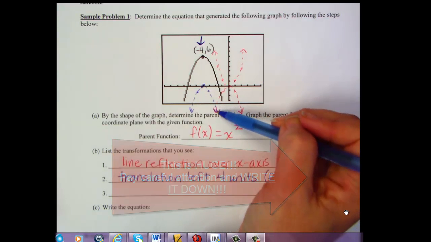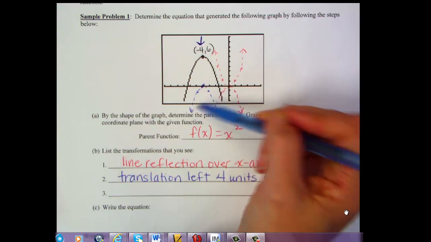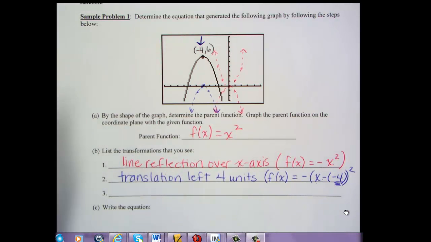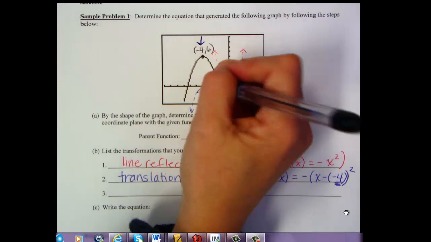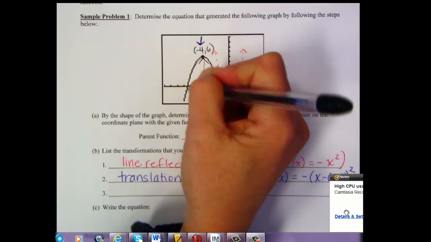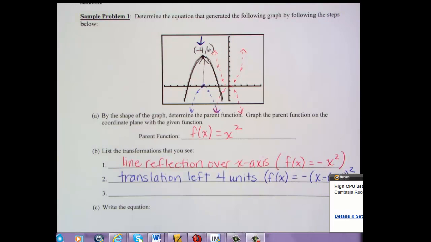All right, so I've got my parabola going in the right direction. I have it moved to the left 4. My final move has to be to take it up those 6 units, and we'll land on top of that final child graph.